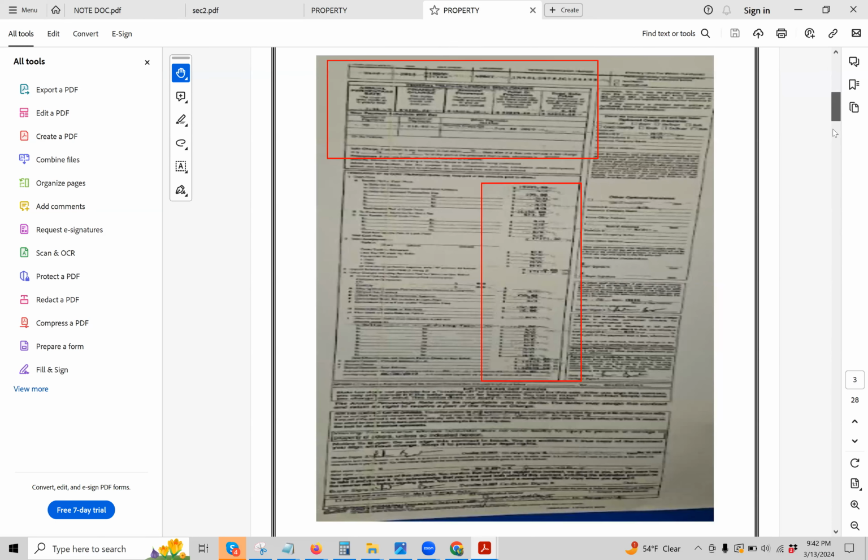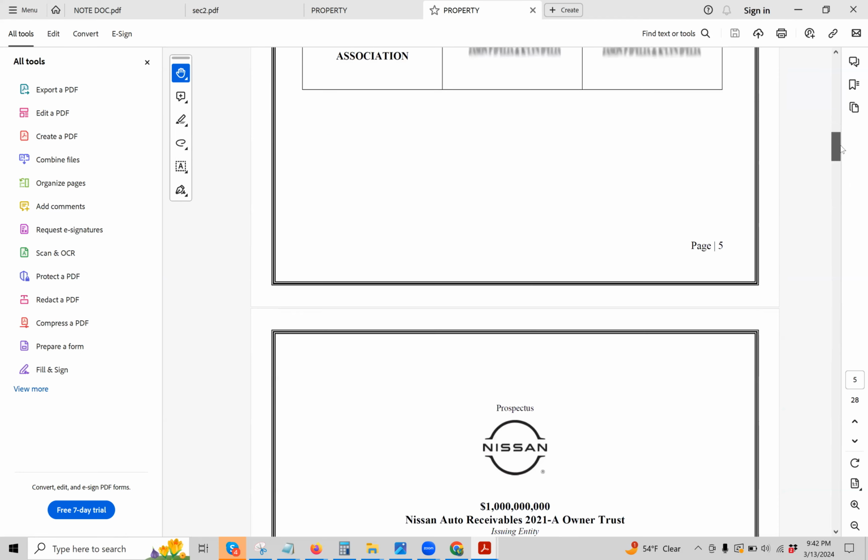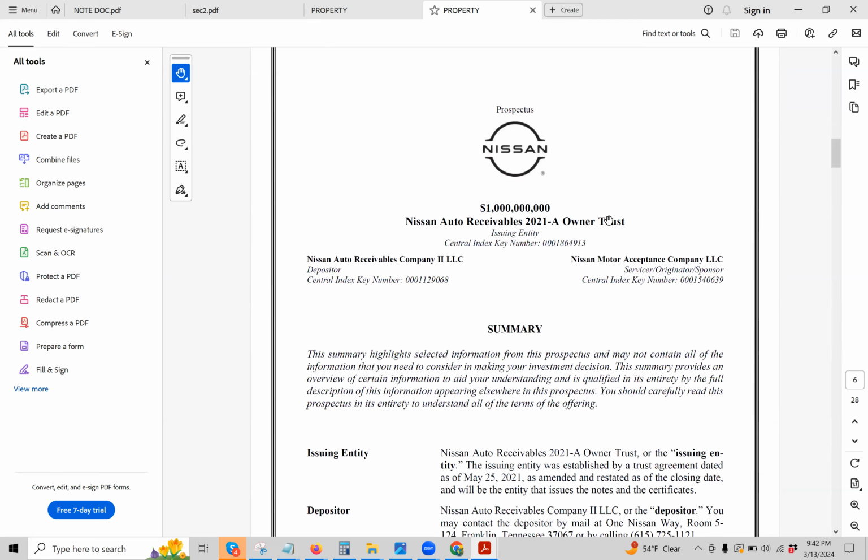There you have examples of the contract. And you have the securitization participants here: the sponsor, the seller, the depositor, servicer, the note trustee, security trustee, issuing entity. And here we have a screenshot of the prospectus. As you can see, this is a big number here, and this is the prospectus.